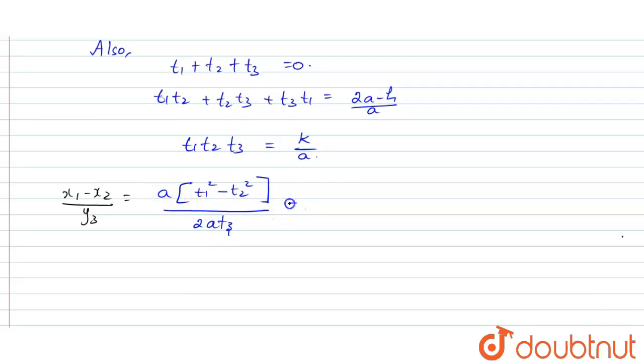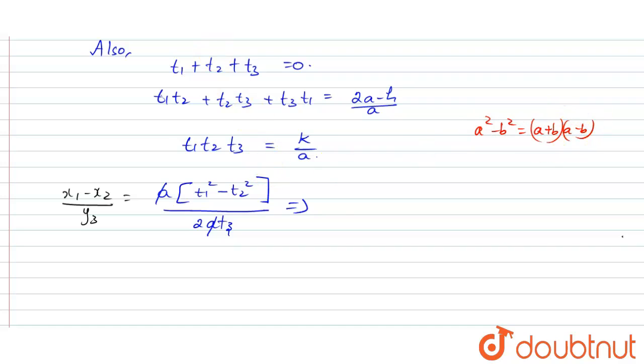Next I'm going to cancel a. This is in the format of a squared minus b squared, and the formula is a squared minus b squared equals (a plus b)(a minus b).